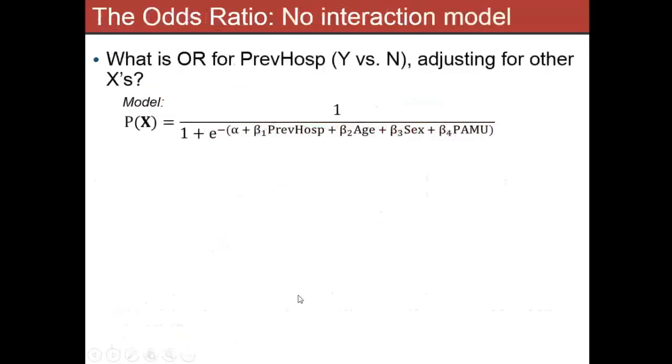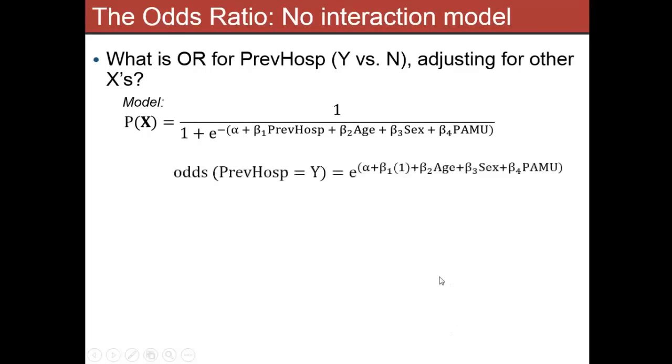Okay, so why is that? And I think we've seen this in lab already. Well, the reason for that is the following. If this was the probability form of your model, 1 over 1 plus e to the minus all this, we said that the odds is e to the alpha plus beta 1, and so forth here.